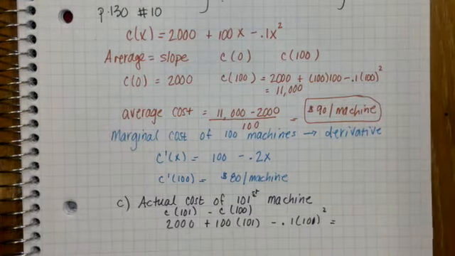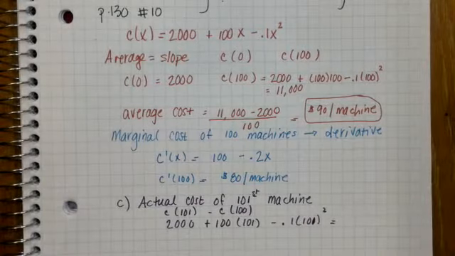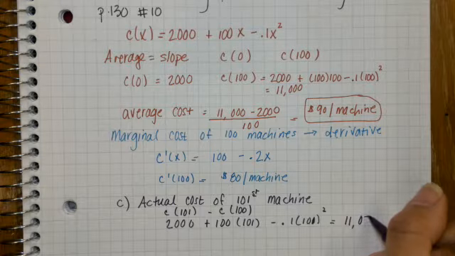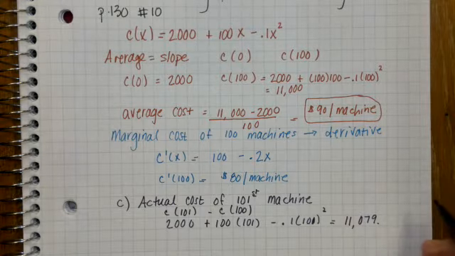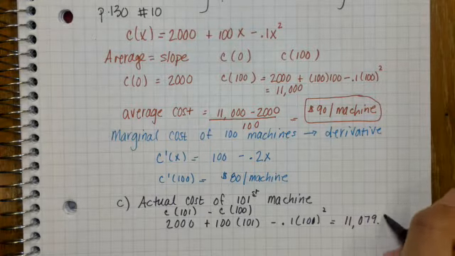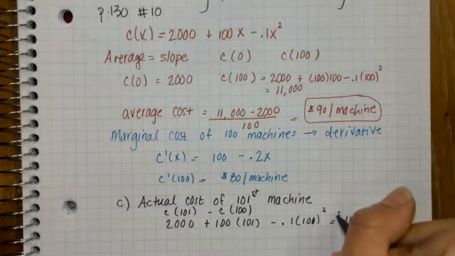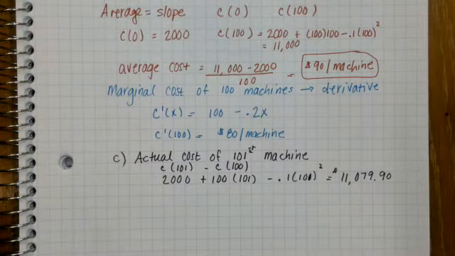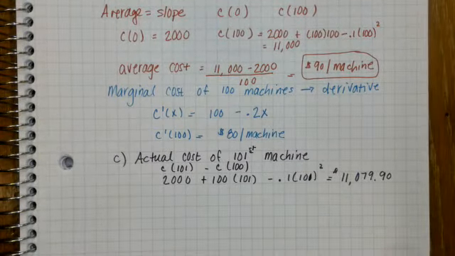Okay, and when you plug that in and calculate it all out, you should get $11,079.90. So that's the cost of the 101st machine.